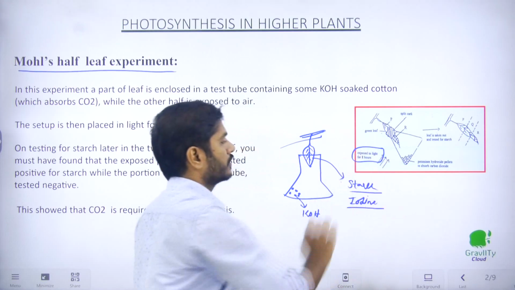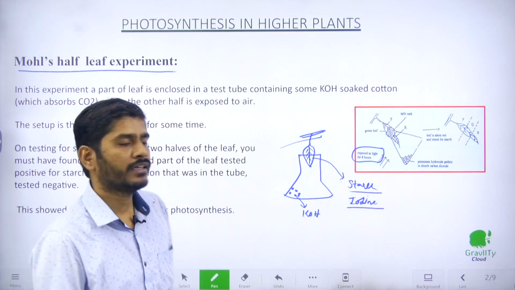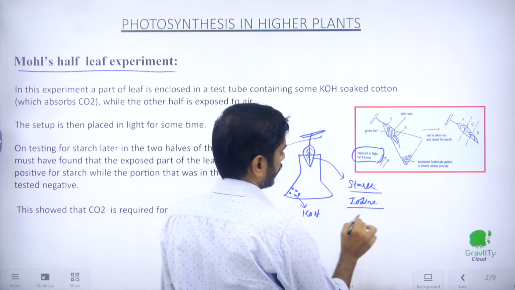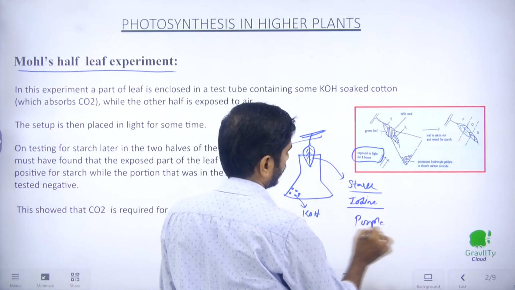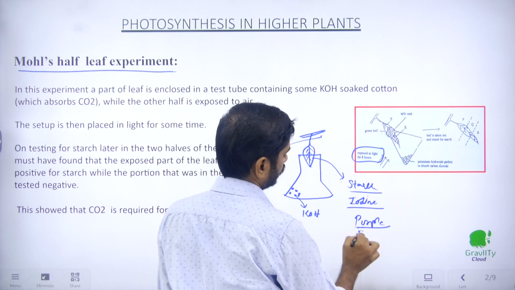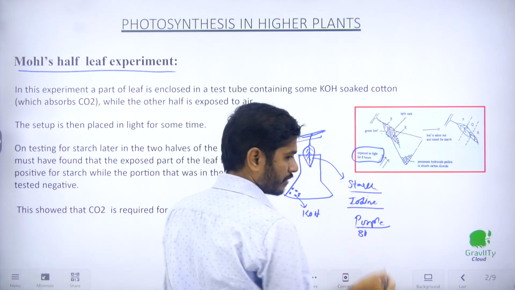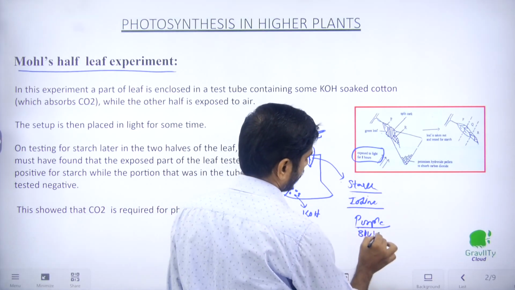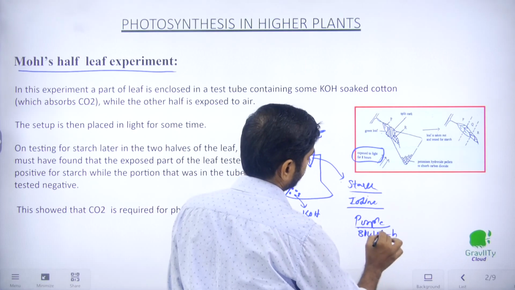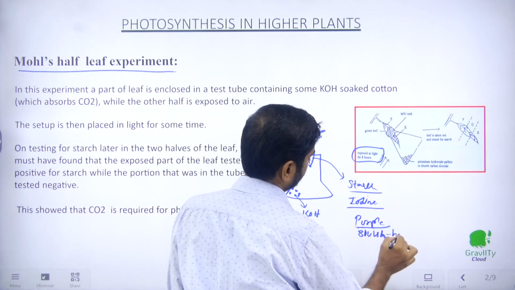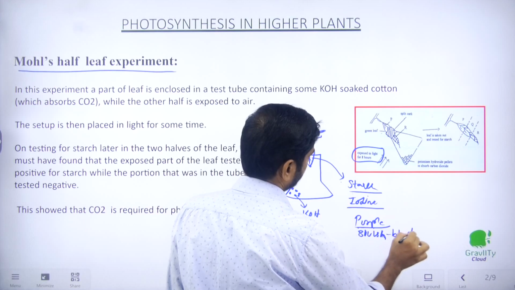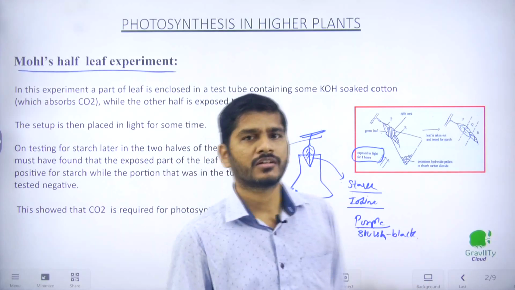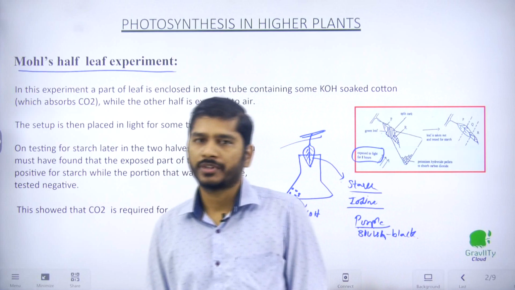Iodine reacts with starch and gives a characteristic purple, otherwise bluish black color.